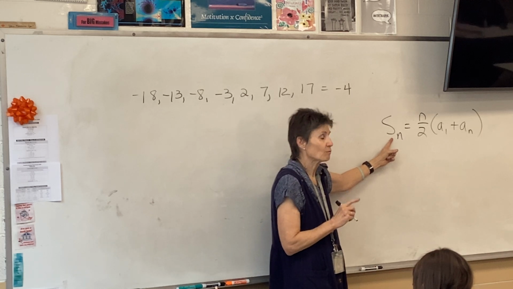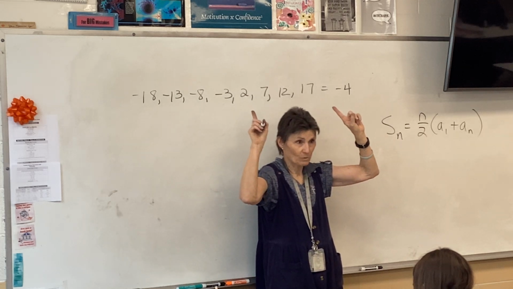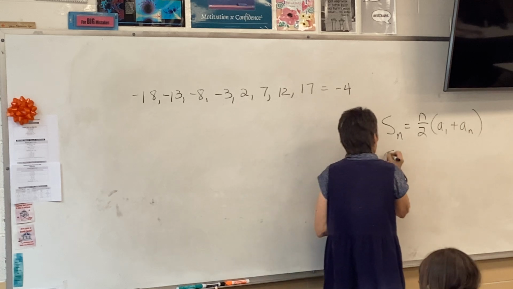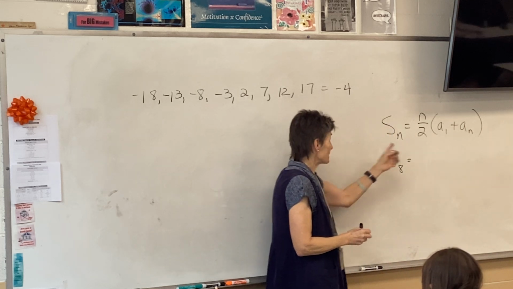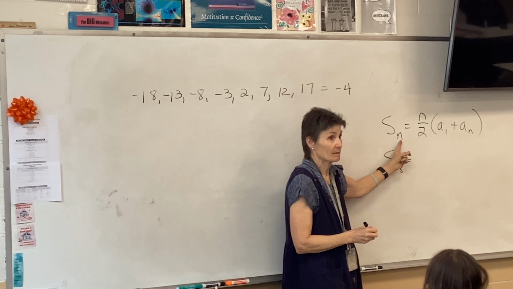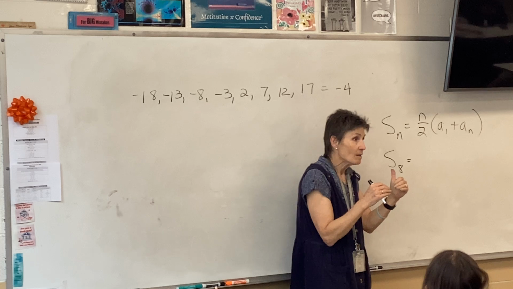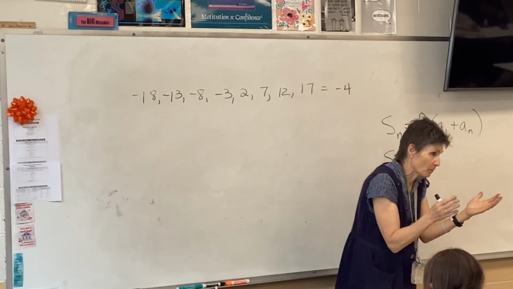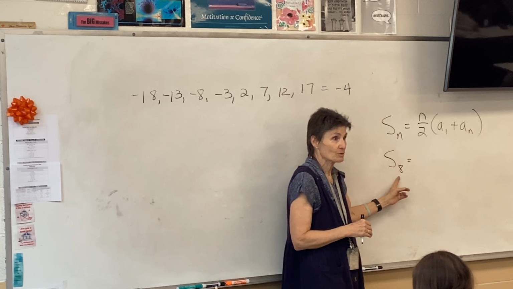Now I'm gonna show you how this formula works. I wanted to add up this set of numbers. You already determined that there are 8 of them. So this number tells me how many I'm adding. Yesterday, when I had a sub 5, that meant the 5th number in the line, the 5th term. This means you're adding up 8 numbers.